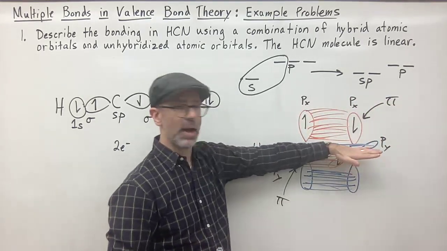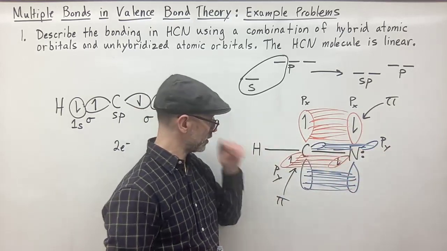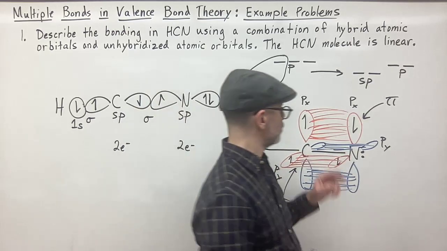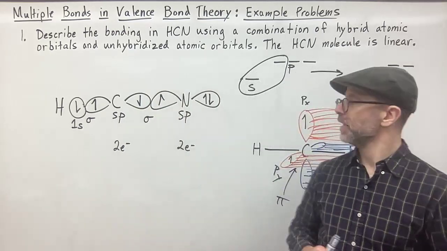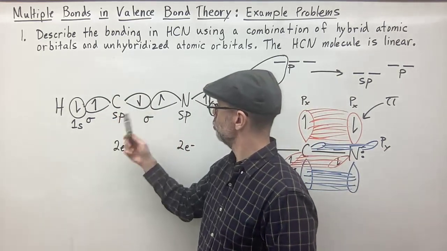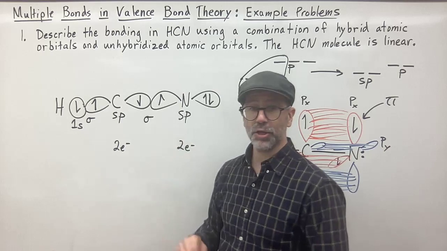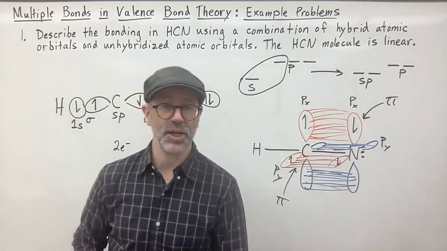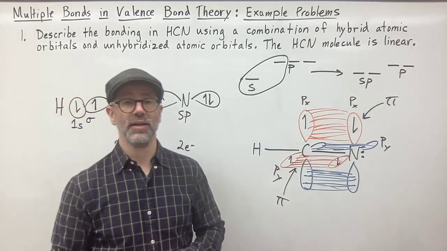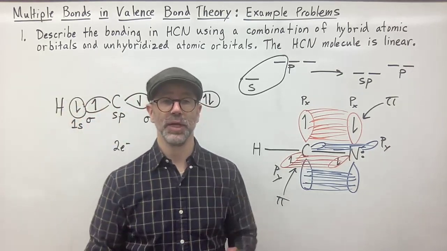And then we have a pi bond that is coming in and out of the board, also perpendicular to the axis. And so you get two pi bonds, and you've got 1, 2 sigma bonds in the molecule. And so that's how you can describe what the bonding looks like and how to explain it.